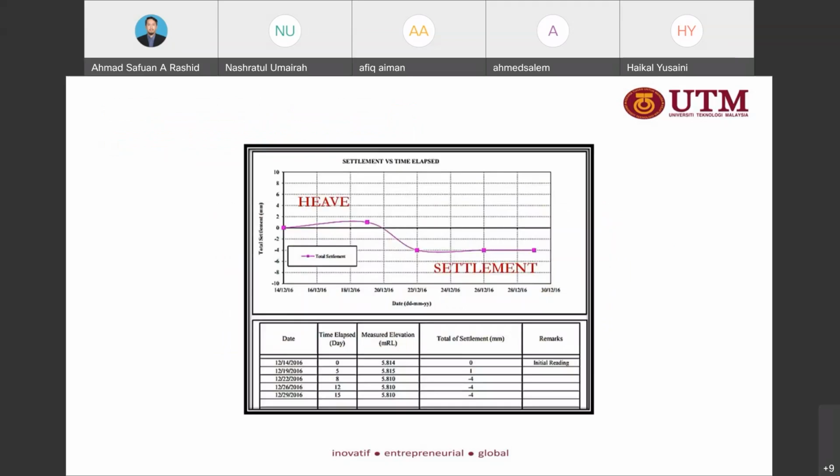Heave is related to the movement of the soil in a positive value, or greater than the ground level, while settlement will be a negative value, or below the ground level.